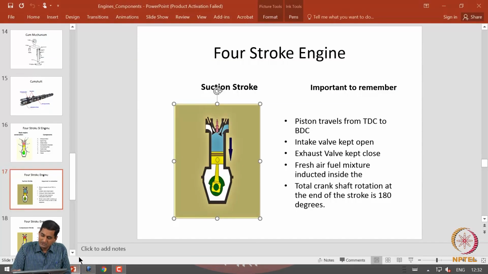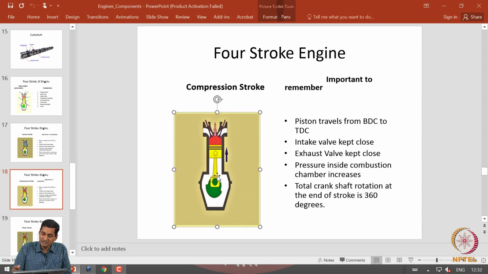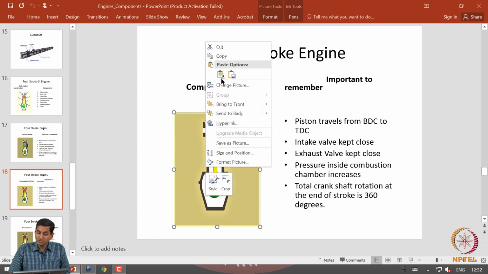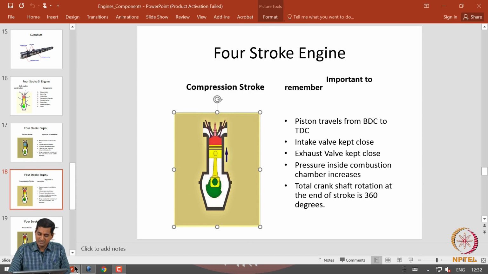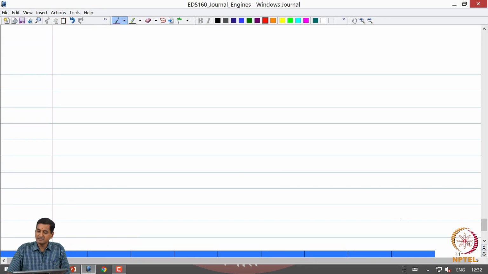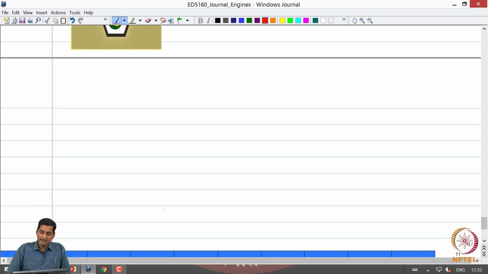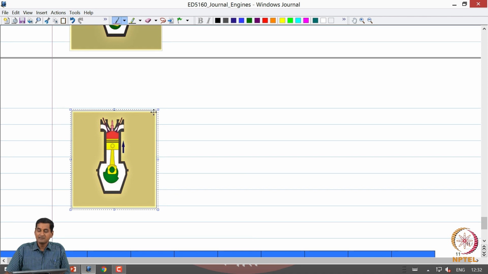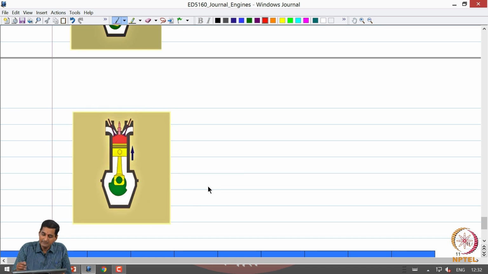Just to recap, during the suction stroke the inlet valve is open, the exhaust valve is closed, and the piston moves from the top dead center to the bottom dead center, and the inlet valve is closed when the piston reaches the bottom dead center. So, at the end of suction stroke we have the fuel air mixture in the combustion chamber in a spark ignition engine. Now, what happens in the next stroke?